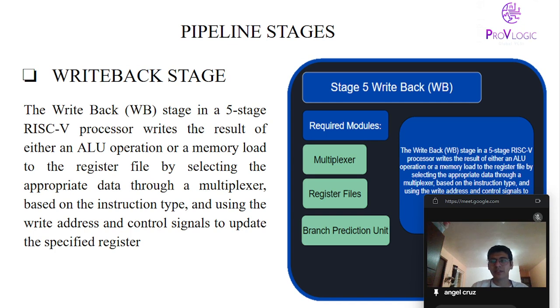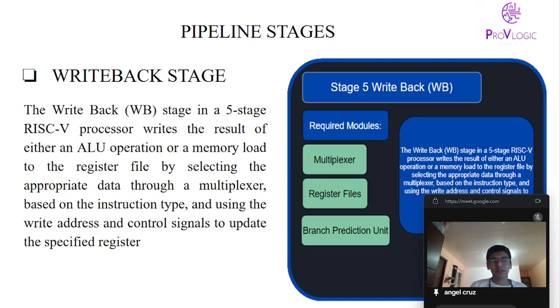So now we're going to be talking about the pipeline stage, which is called the write-back stage. The write-back stage's job is to process the result and write a memory load to the register file by selecting the appropriate data through a multiplexer based on the instruction type, using the write address and control signals.